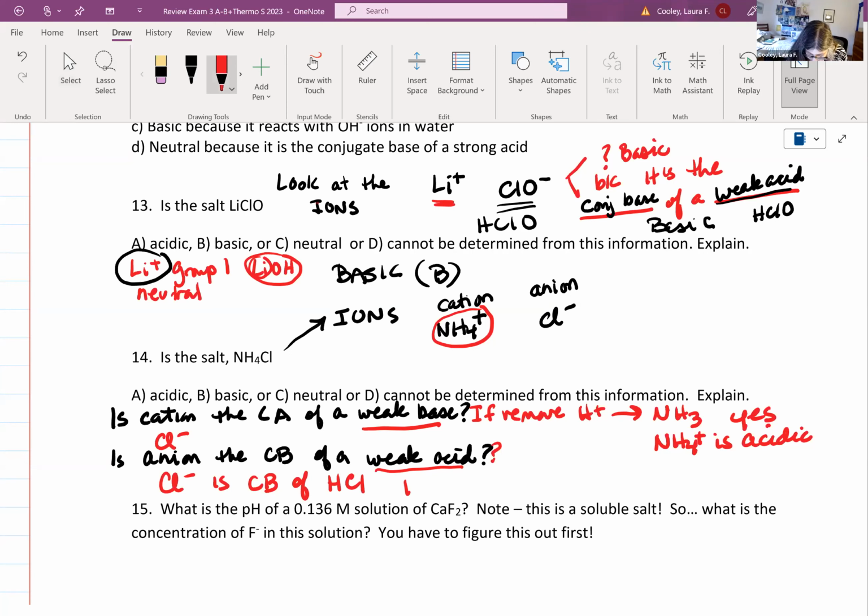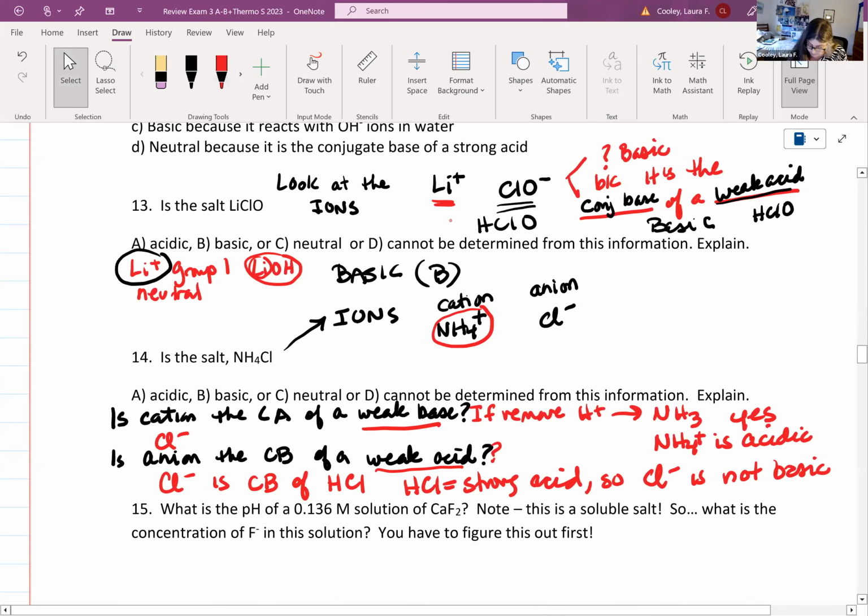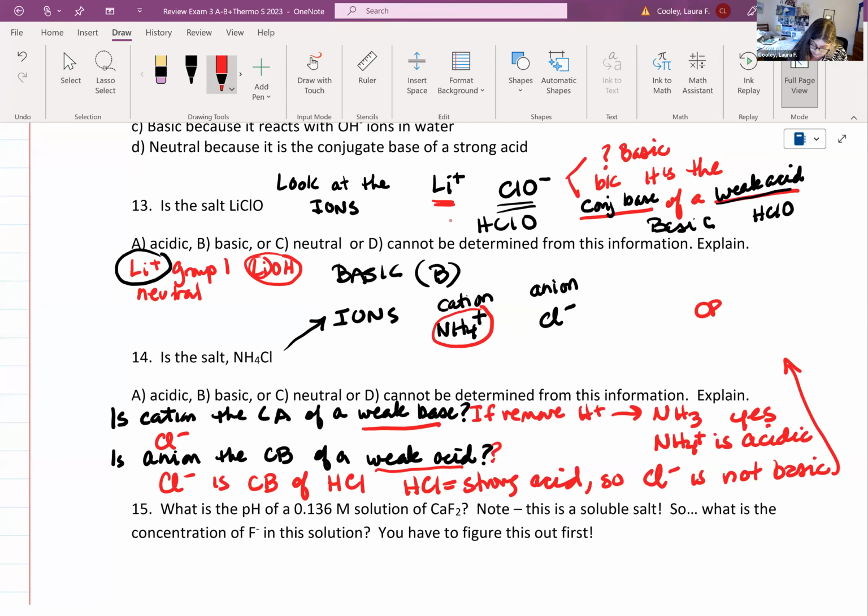And the HCl is not a weak acid, it's a strong acid. And the stronger the acid, the weaker the conjugate base. So Cl minus is not basic. Conjugate bases of strong acids are neutral. So Cl minus is neutral. Okay.